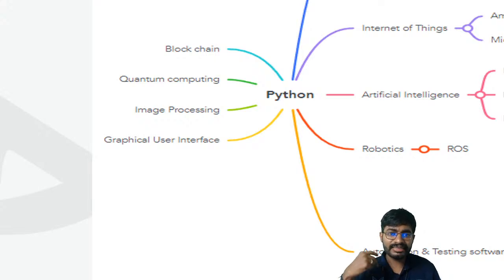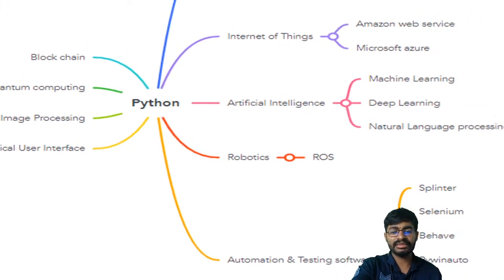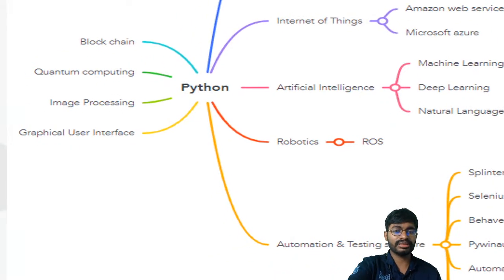But to enhance the performance of a computer and at the same time to interface artificial intelligence inside computing, Python and artificial intelligence will play a major role in quantum computing. Then image processing. Even though I have mentioned machine learning, deep learning and natural language processing, machine learning and deep learning work with both data science as well as images.